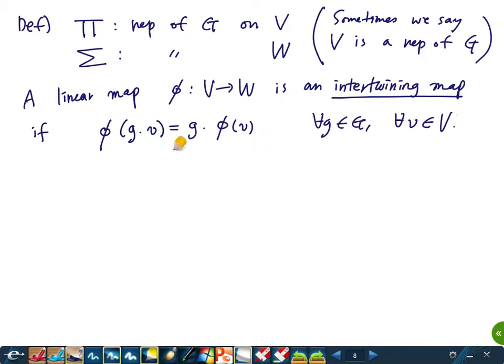Okay, what does that mean? You can understand this using a diagram. Let's do that. So we have V and W.